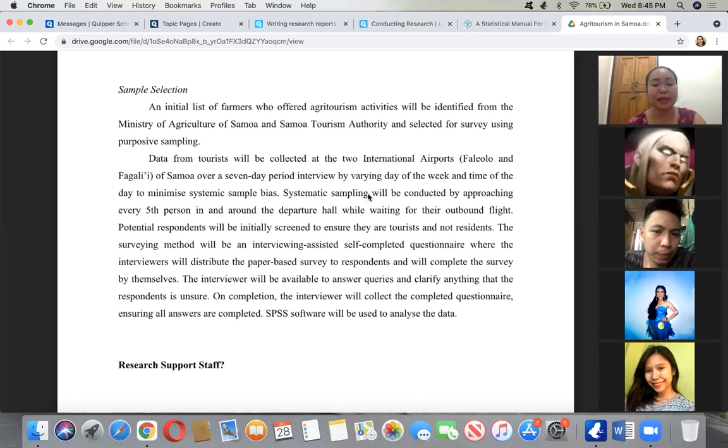And systematic sampling will be conducted by approaching every 5th person in and around the departure hall while waiting for their outbound flight. So this has not been done yet, but this was our plan na in the airport. Ganun ha, pag-sampling mo, pipiliin mo yung 5th person.